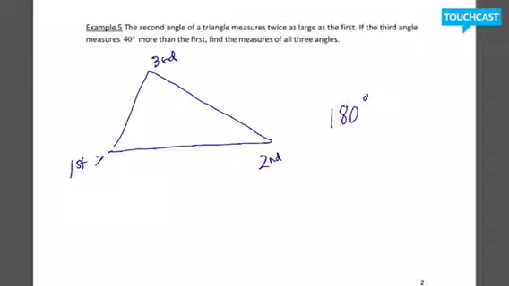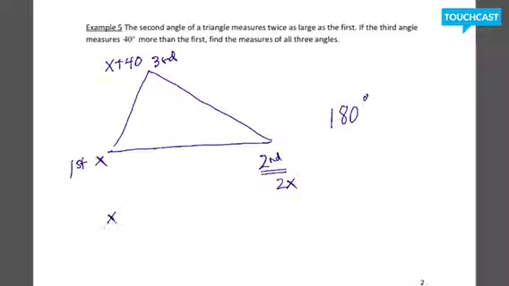So let's call the first angle x. It says the second angle of the triangle is going to be twice as large as the first. If the first is x, then the second is 2x, twice as large as the first. If the third angle measures 40 degrees more than the first, then the third angle is going to be x plus 40 degrees. I'm not going to worry about the degree symbol for now, but I'm going to add these three angles up.